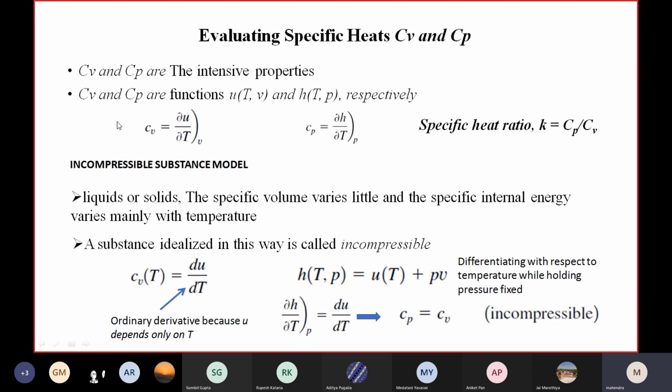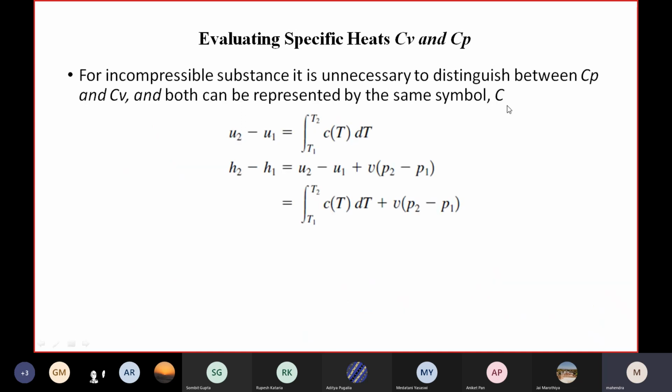Those materials we call incompressible materials. In that case the volume change is zero, like a solid. So there is no matter here whether it is Cp or Cv. For an incompressible material, we consider only a specific heat C.